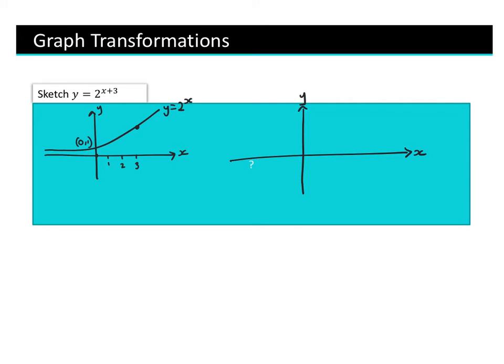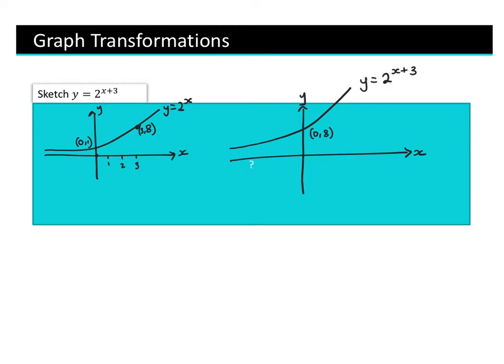This here is 2 to the power of 3, which we know is 8. We know this coordinate is going to be 3, 8. If we translate it now, what we find is our intercept is now 0, 8. And this is y equals 2^(x+3).